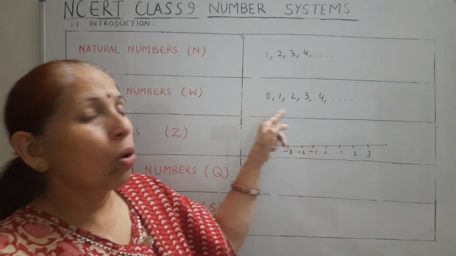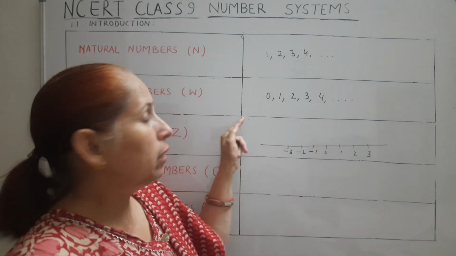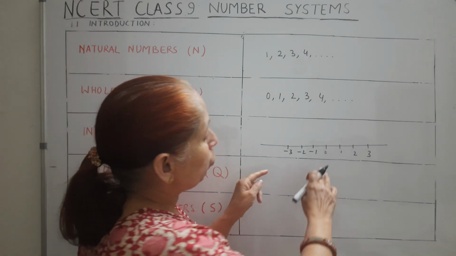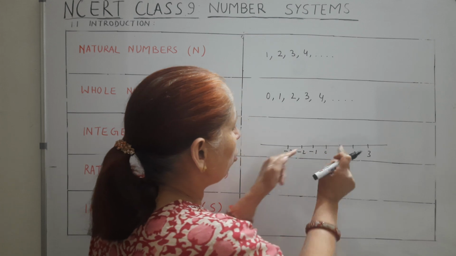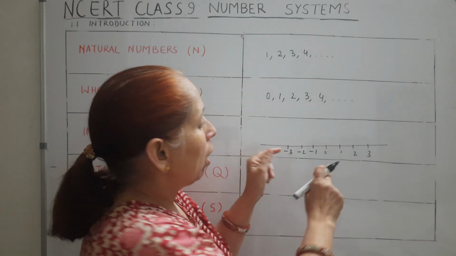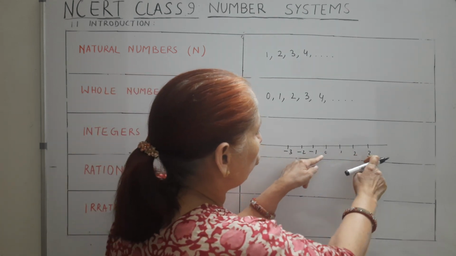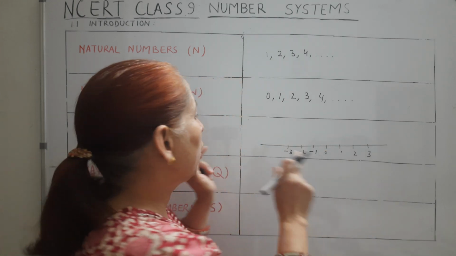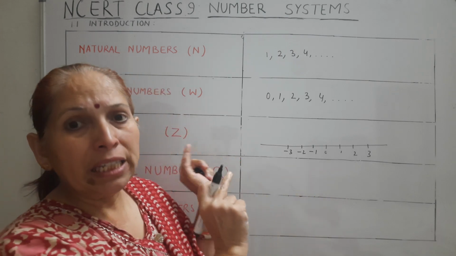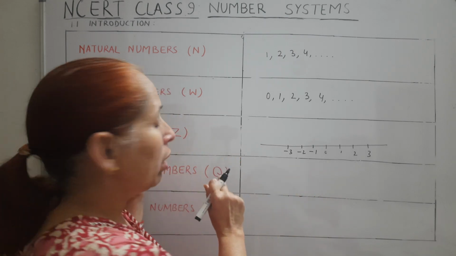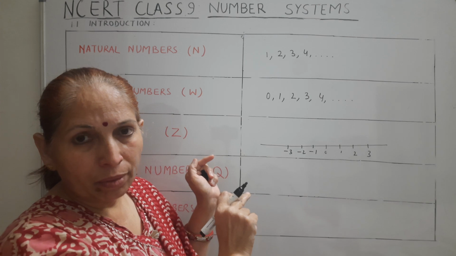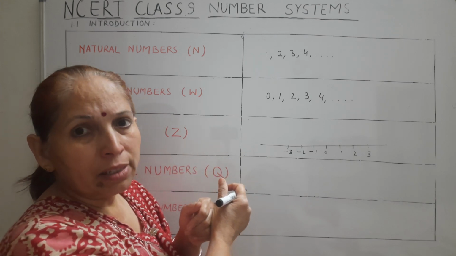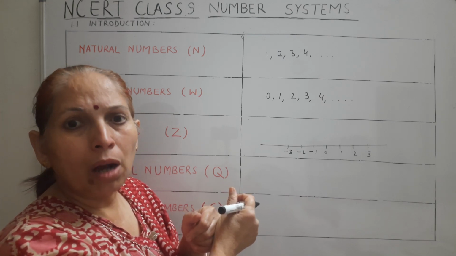These are called whole numbers and they are denoted by W. Now suppose we take the positive numbers also, we take 0 also, we take the negative numbers also. हमने पॉजिटिव नंबर लिए 1, 2, 3, 0, -1, -2, -3. हमने ये सारे नंबर्स ले लिए. ये नंबर्स हैं इंटीगर्स, and they are denoted by Z. It is derived from a German word, zählen, that means to count.